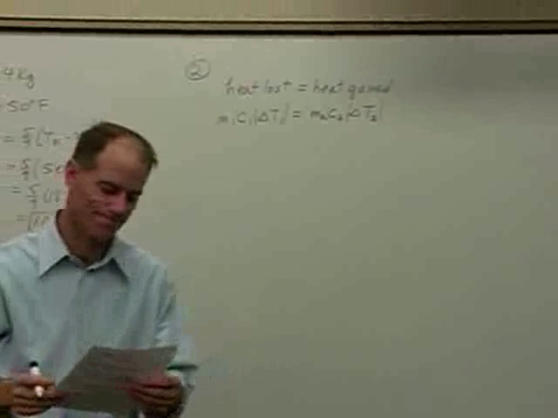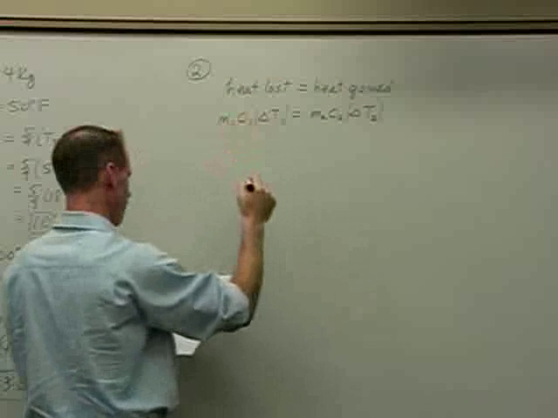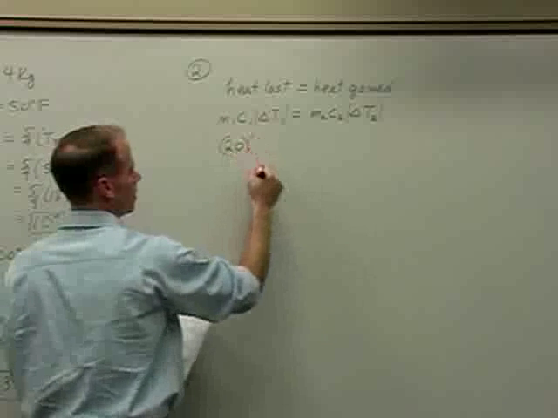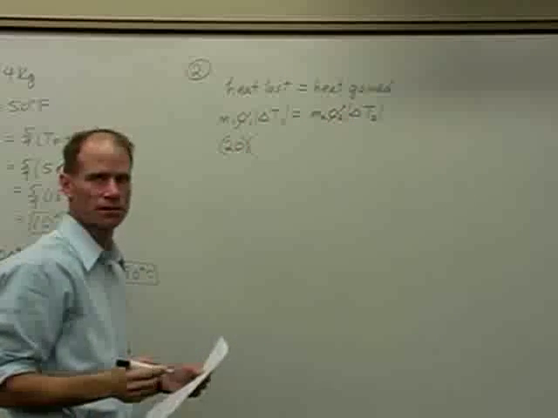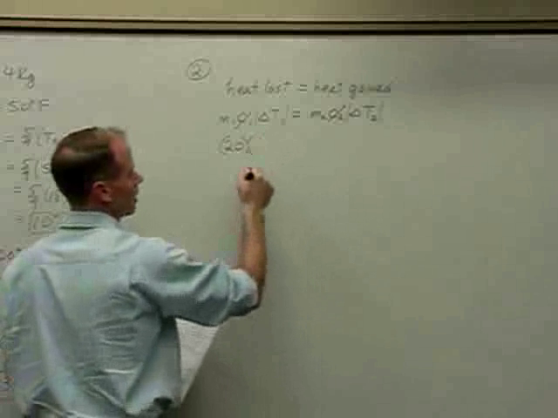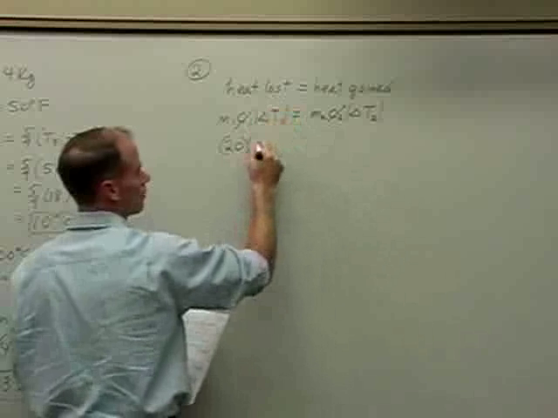So, one way to write this, we have 20 kilograms here. The specific heats will cancel out on both sides because we're dealing with water on both sides. And we have the final temperature minus the initial temperature, absolute value. So we'll take the hottest one first.